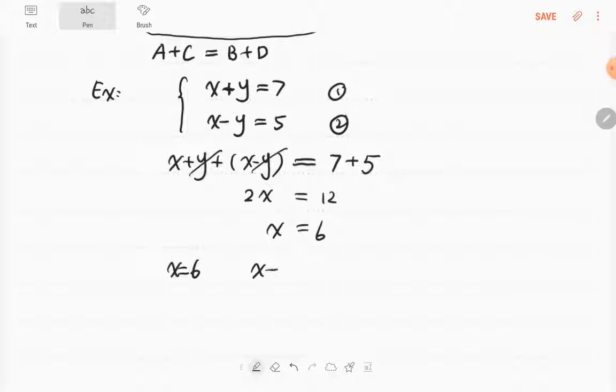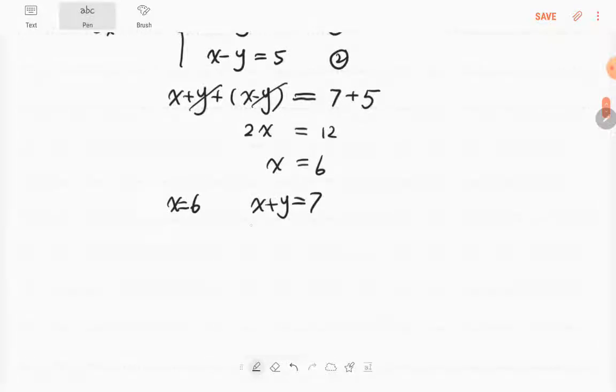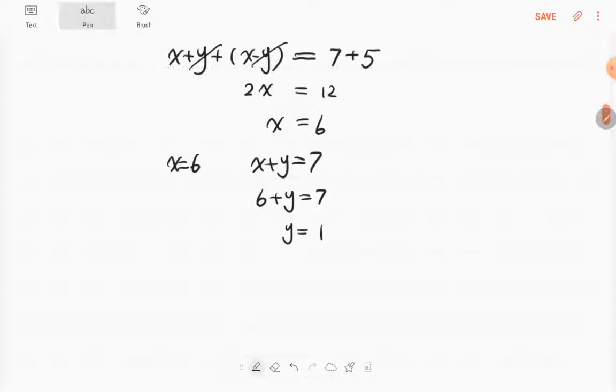We have x plus y equals 7. When x is equal to 6, in this equation we could use 6 to replace x. So we could easily solve for y. After that, we will have our solution as 6, 1. This is our solution.